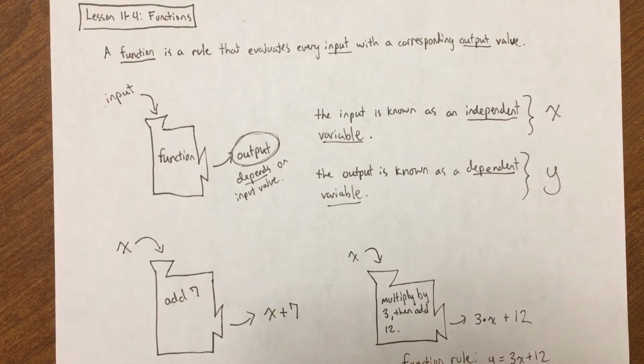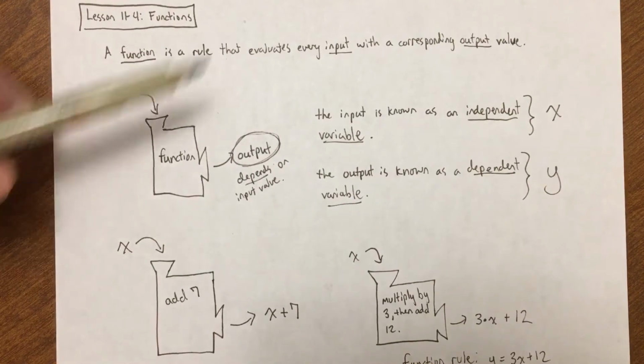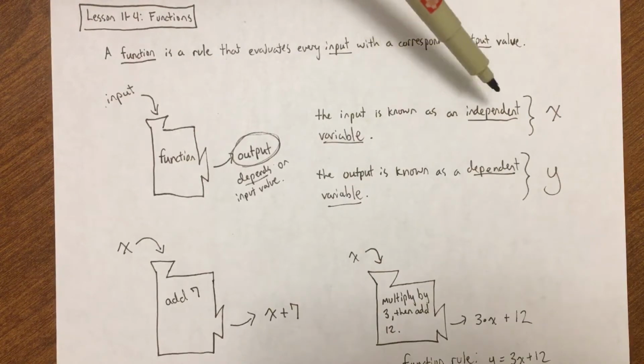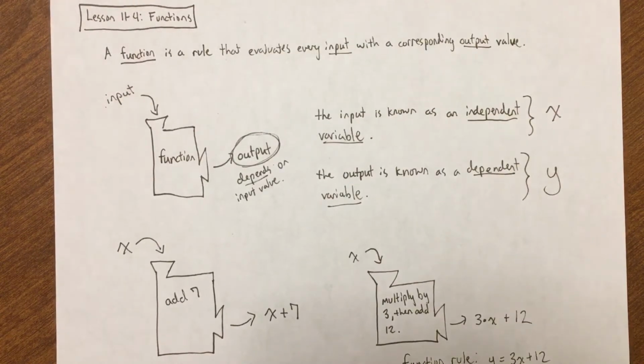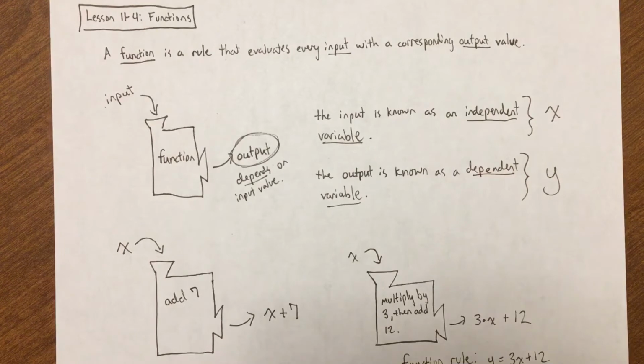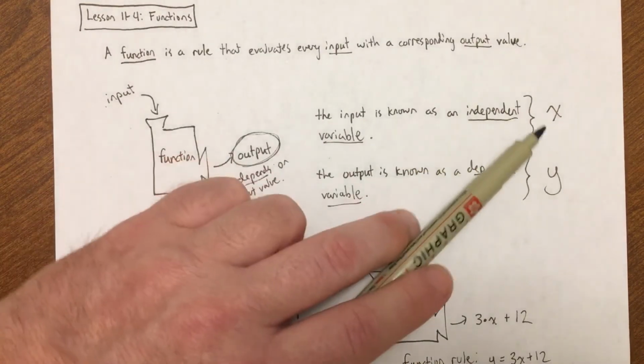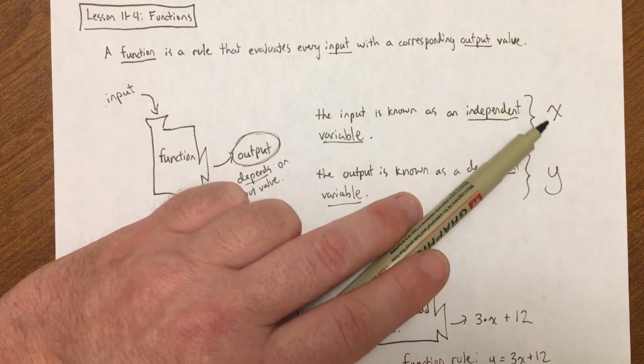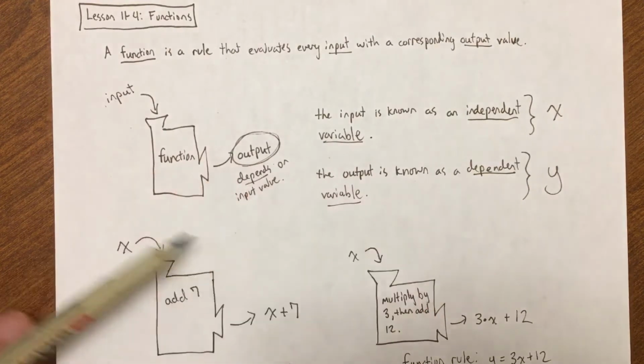Now, for the terms input and output, there are some other concepts that we need to be familiar with. First of all, the input is known as what we would call an independent variable in math. So independent variables means that they are not dependent on any other values or measurements at all. And the typical variable that we use in algebra for independent variables is the variable x.